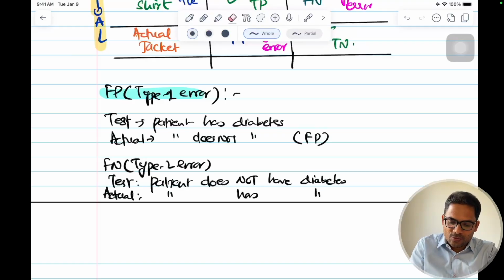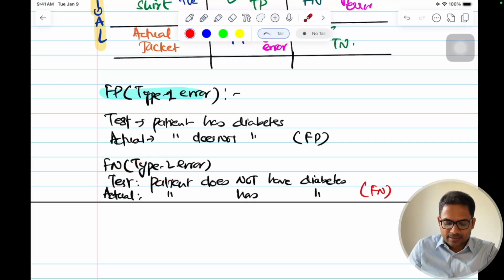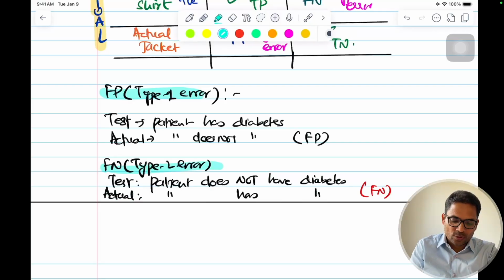So this is your false negative. Actually the person had diabetes, but the test gave negative. I hope the terms are clear now with more examples.